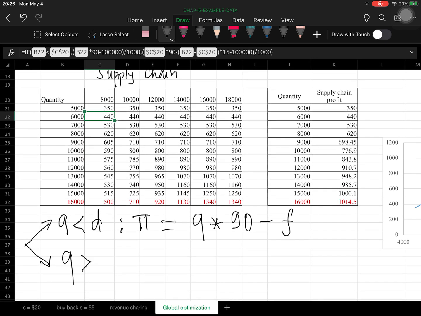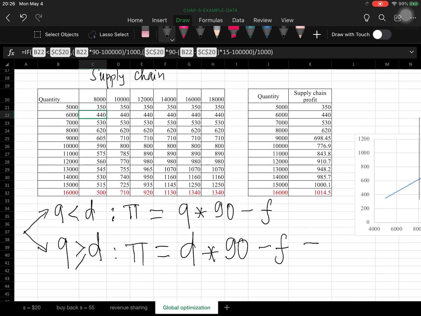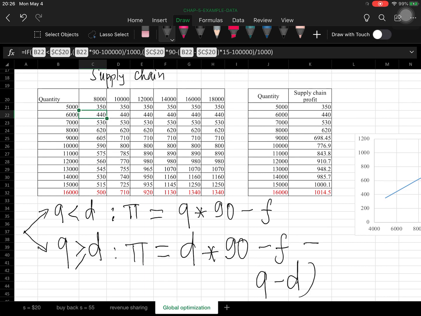In the case Q is larger than D, the profit of the supply chain equals the quantity they can sell, that is D, multiplied by the marginal profit, minus the fixed cost, minus the loss. The loss equals Q minus D multiplied by the marginal loss, that is 15.